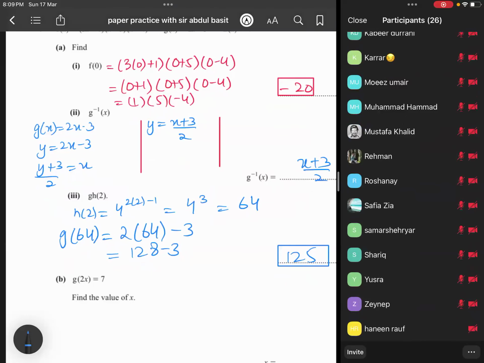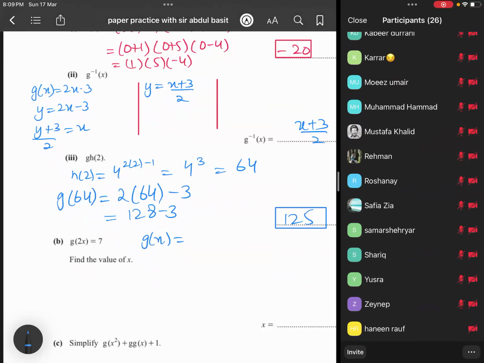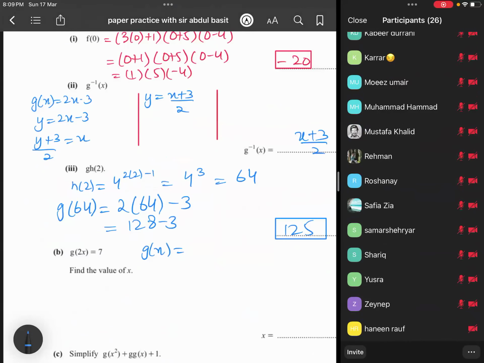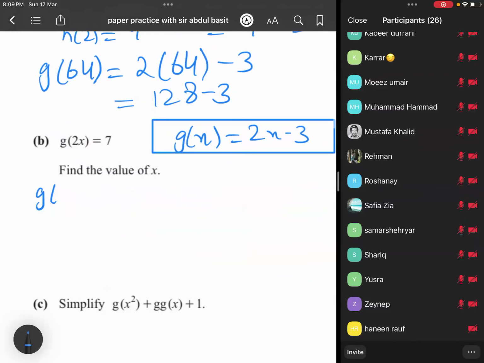Okay, g(2x) is 7. So g of x is equal to 2x minus 3. Let's put 2x first. So g(2x) is equal to 2 times 2x minus 3. So g(2x) is equal to 4x minus 3.